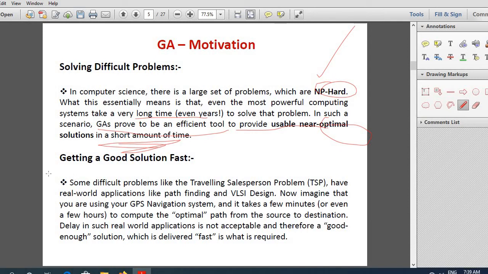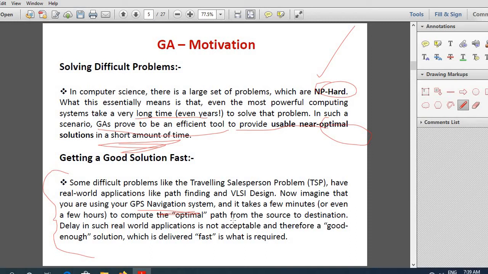So I've given one example here to make you understand. You all will be using your GPS navigation system to compute the optimal path. You give a source and you give a destination. When you drive the car, you will try to find the best route from one source to one destination. Usually you don't accept delay, right?